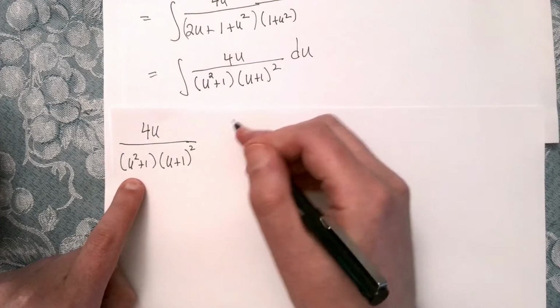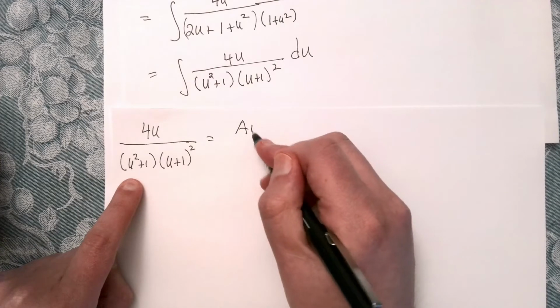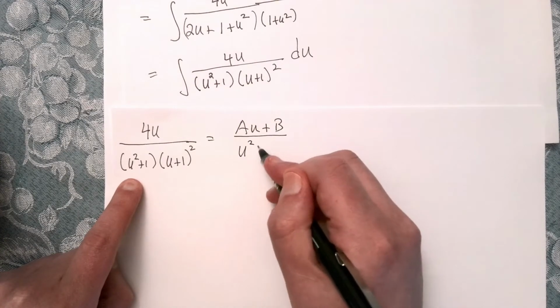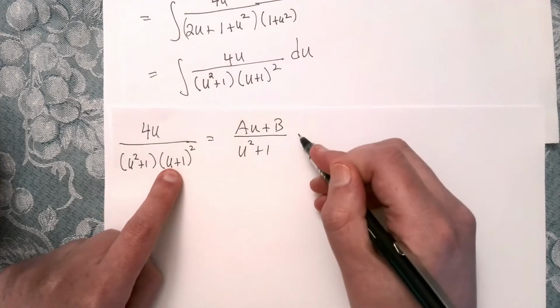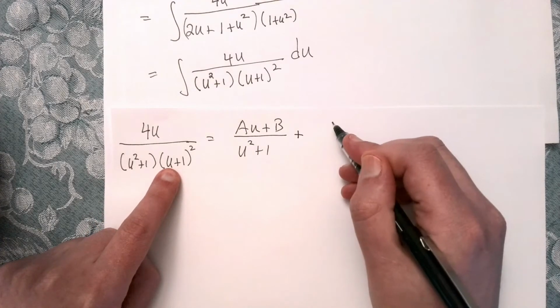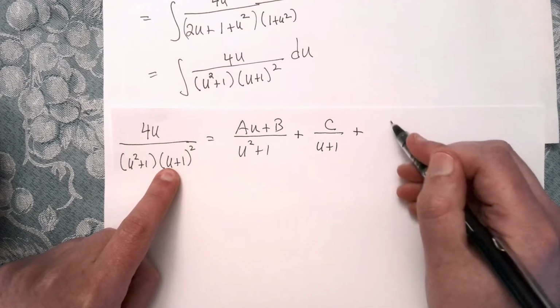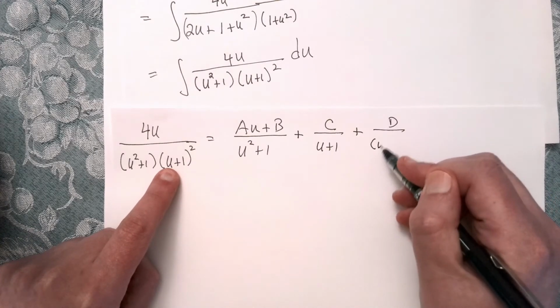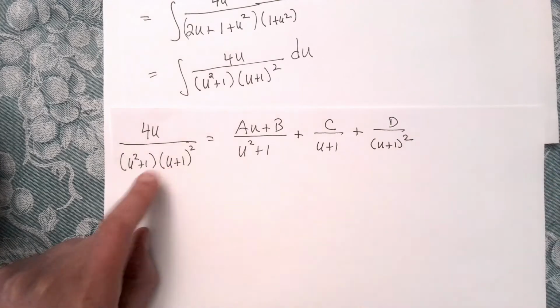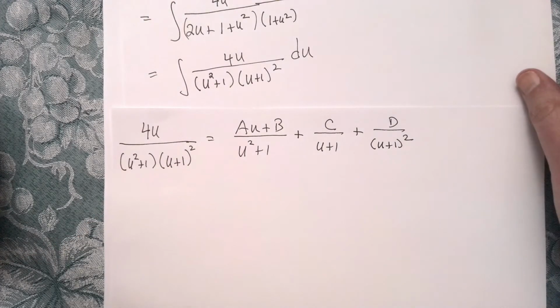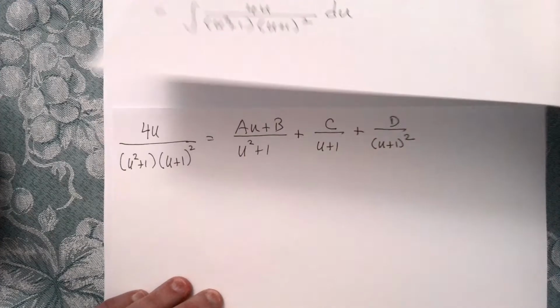So we're going to deal with this as au plus b over u squared plus 1. And then since this is linear repeating, I'm going to need c over a copy of that to the first, plus d over that quantity squared. Okay, so that seems pretty good.